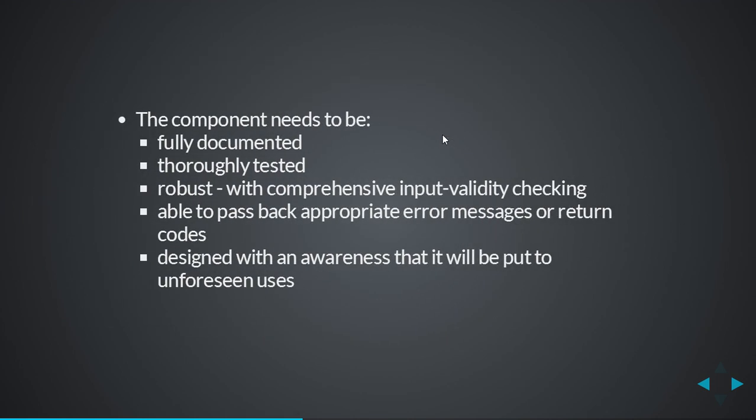For that, the components need to be fully documented, thoroughly tested, robust with comprehensive input validity checking, and able to pass back appropriate error messages or return codes. That is, if the components fail, they should provide an error message saying why they failed. They should be designed with an awareness that they will be put to unforeseen uses. Components may be used in any scenario by the developers using them, so the components should be developed with such scenarios in mind.